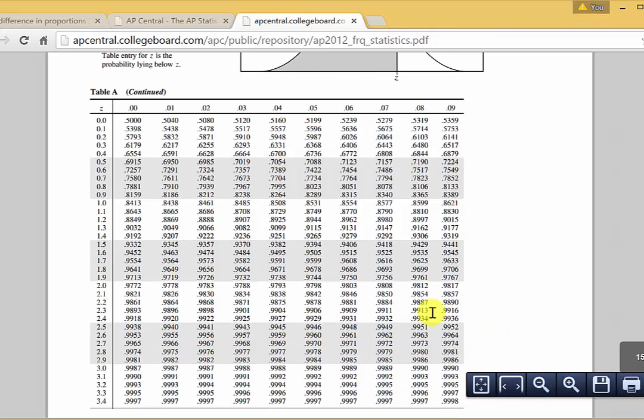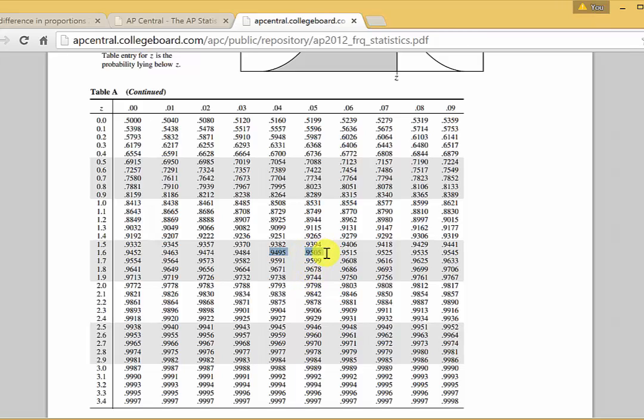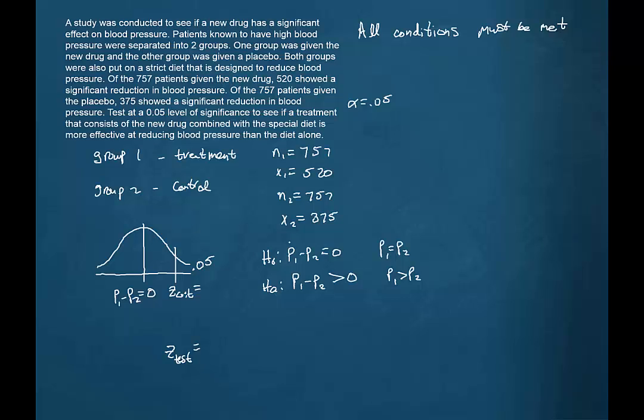If we look through the body of this table for 0.95, it isn't here, but we do have these two values, 0.9495 and 0.9505, which occur at 1.64 and 1.65. This is not a linear relationship, but this is one case where the value is interpolated to be 1.645. Halfway in between these two values would be 0.95, and halfway in between 1.64 and 1.65 would be 1.645. So our critical value would be 1.645.